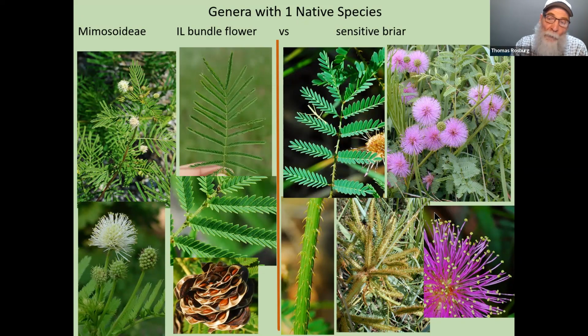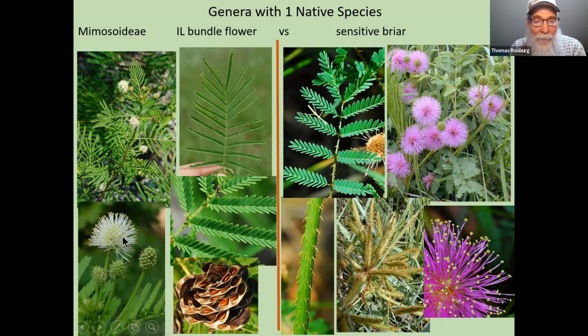And they're always going to have flowers where the corollas are really reduced. You really can't see them very much. All you see is all these stamens. But again, you're looking at an inflorescence that may have 70 to 80 flowers. In Desmanthus, each one of these flowers has 5 stamens. So the reason there's a whole bunch of stamens here is because there's a whole bunch of flowers, all in a tight cluster.